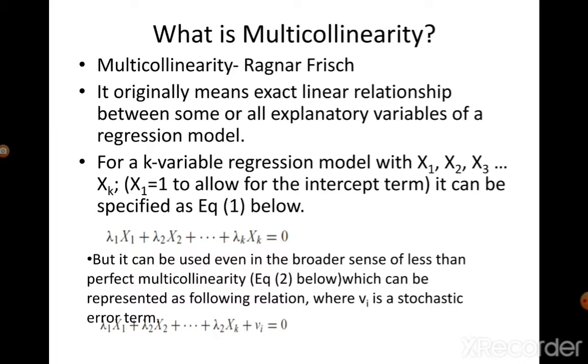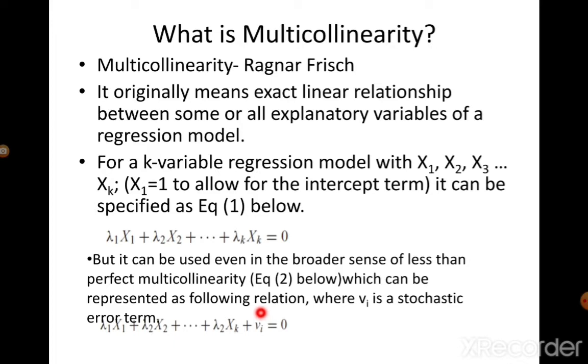However, we can also use the term multicollinearity in a broader sense, where it refers to less than perfect linear, collinear relationships. If you have less than perfect multicollinearity, your function can be specified as this, that is lambda 1 x1 plus lambda 2 x2 and so on, plus vi is equal to 0. Here this term vi is actually a stochastic or random error term.